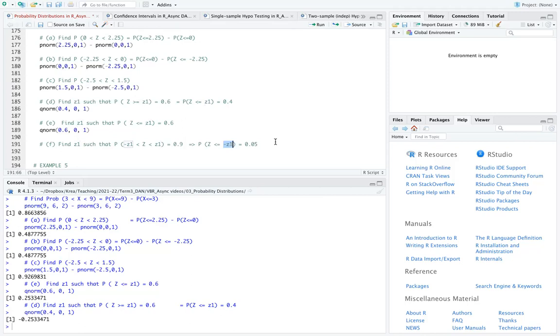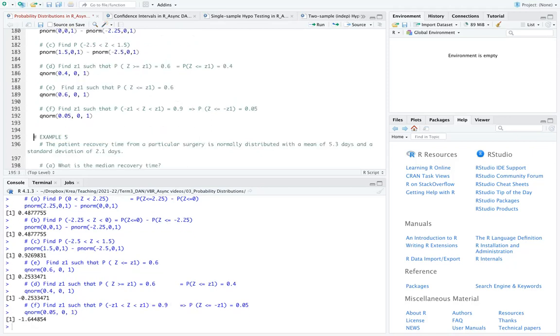We have to actually find the value of just Z1. So let's find Z1 for that matter. So let's get qnorm(0.05, 0, 1). So we get the point minus 1.644.